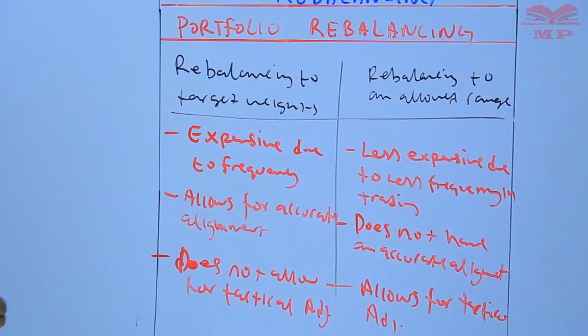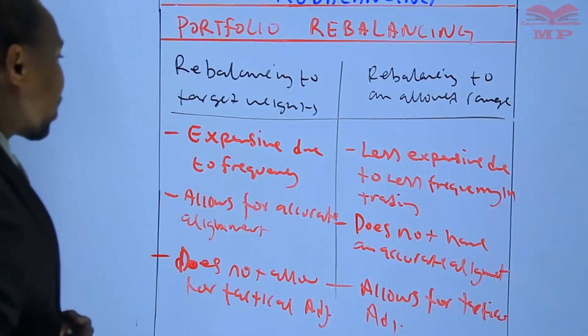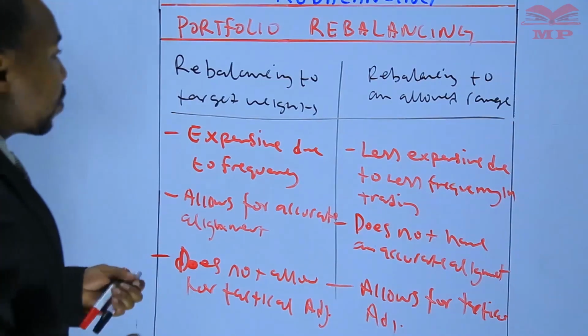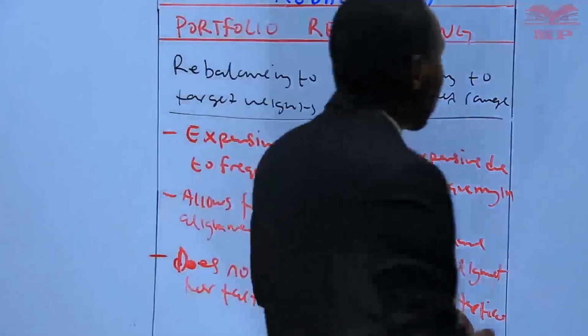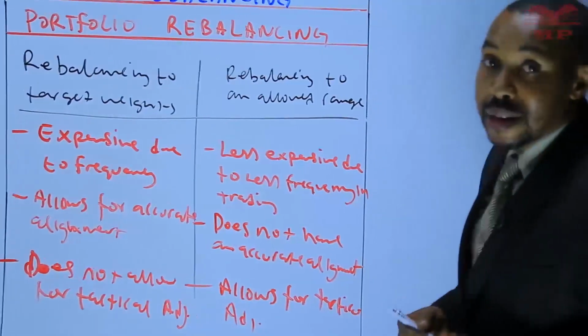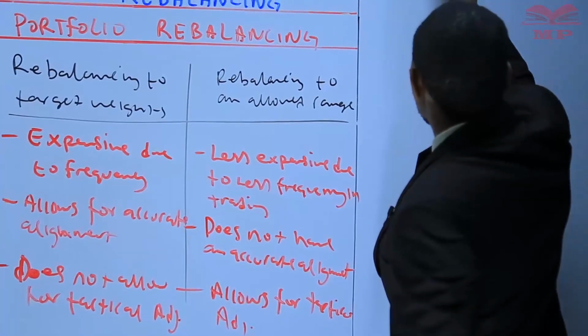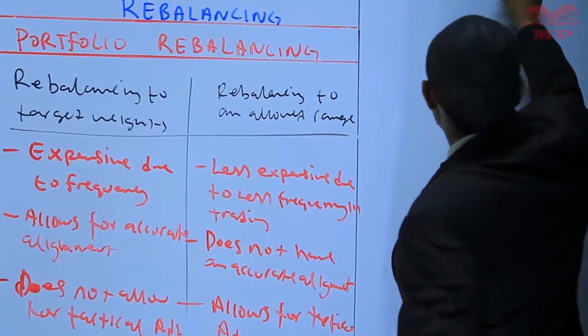It's much more flexible, and target weights does not allow for tactical adjustments on that side. So we can move on and proceed to look at what we call rebalancing strategies.